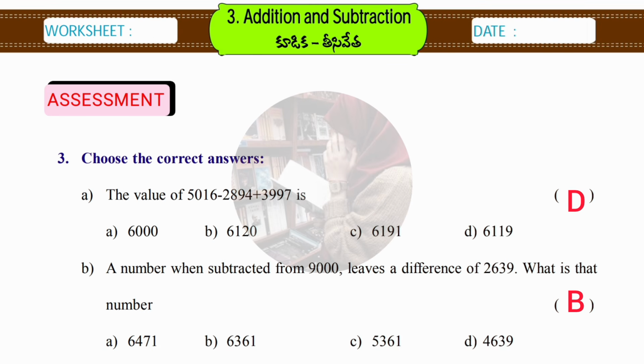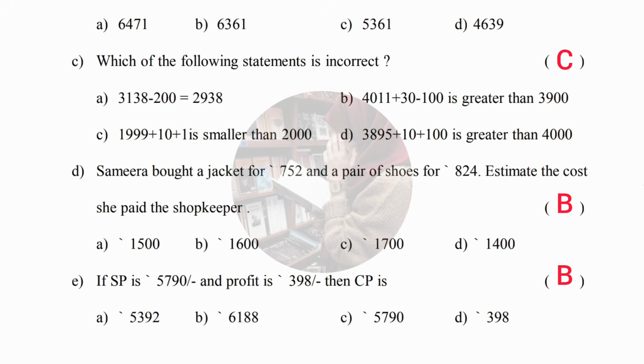6361. Okay, let's see the third one, which is which of the following statements is incorrect? Here 4 statements are given. Among these 4, option C is the incorrect one. Let's see the fourth one, which is Samira bought a jacket for 752 and a pair of shoes for 824. Estimate the cost she paid to the shopkeeper. So answer is B, 1600.